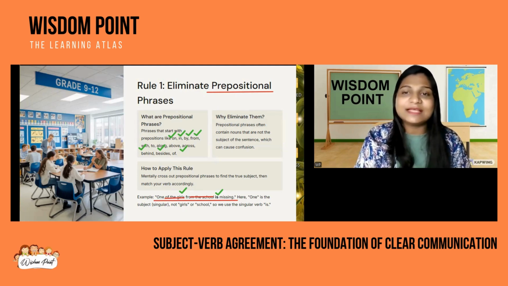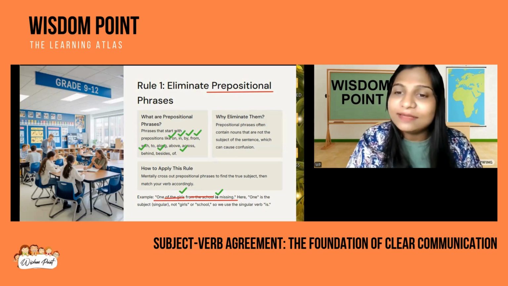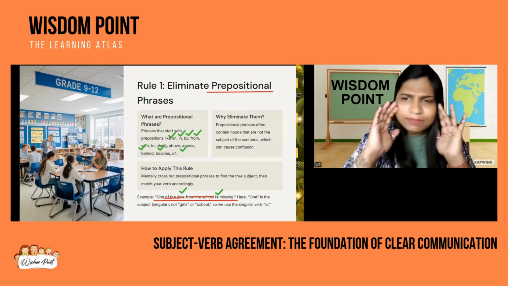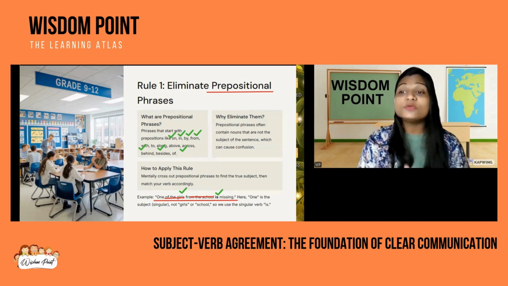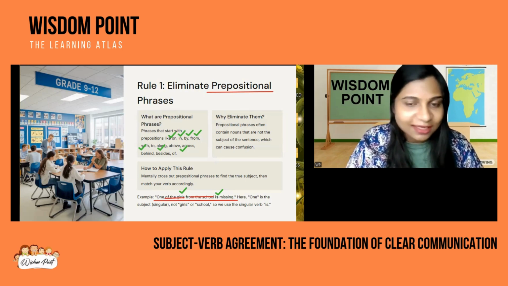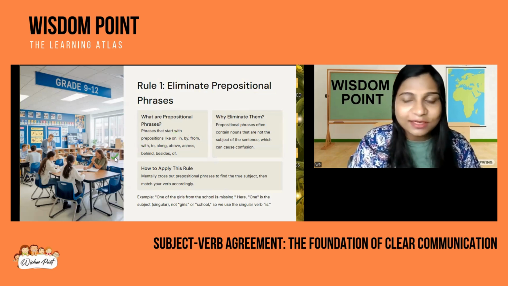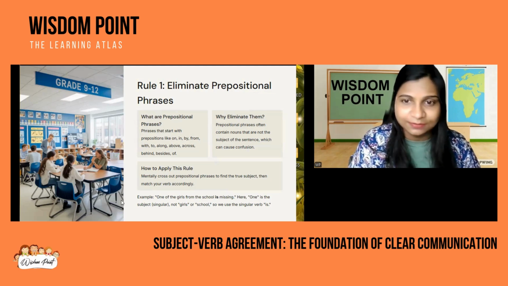In any given sentence, if something is starting with a preposition, you can just eliminate the prepositional phrase from there. Now, how to apply this rule? Just mentally cross out prepositional phrases to find the true subject, then match your verb accordingly, like we did in the given question. Now, the first rule, I believe it's quite clear. Now, let's move on to the next one. The next rule is simpler than this, and it's very interesting.